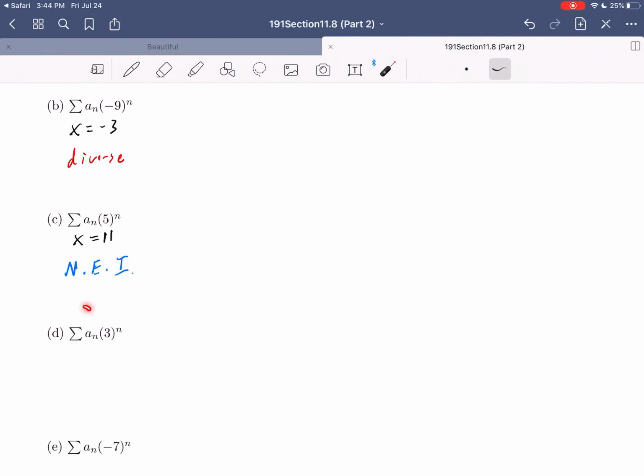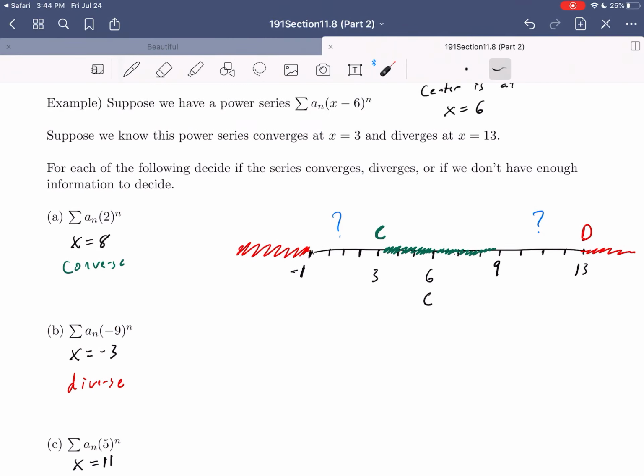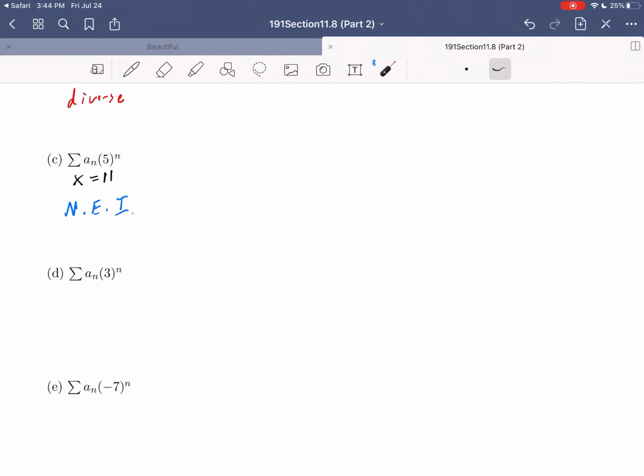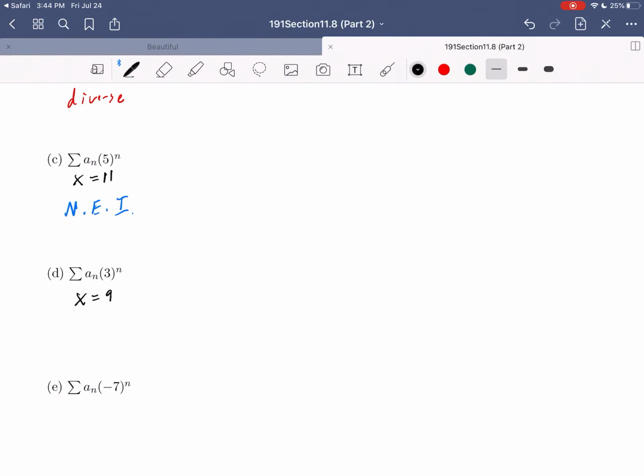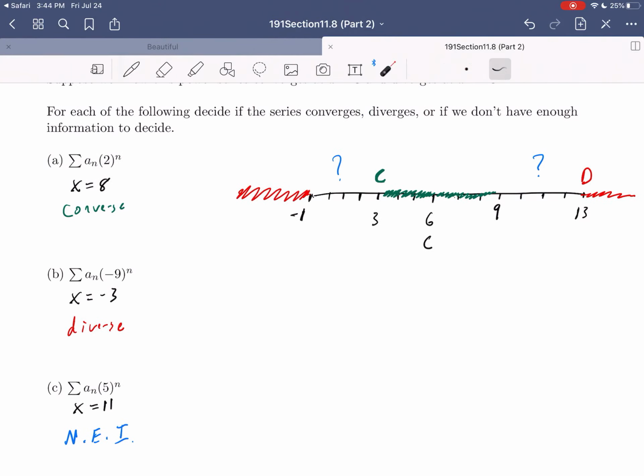Okay, what about this here? Well, if we get a 3 in there, since it's x minus 6, that must mean that x was 9. So this would be x equals 9. If we go to our diagram, x equals 9 is right there. Well, we might be tempted to say, well, that is in the convergent range, but notice it's actually equidistant, right, to what we know converges.